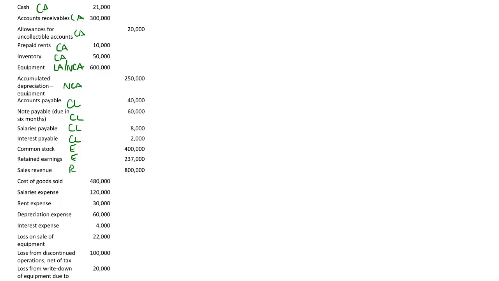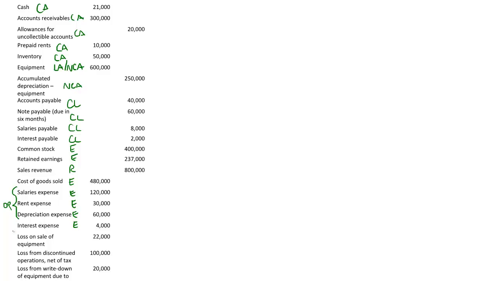Sales revenue is going to be revenue. Cost of goods sold is an expense. Salaries expense, expense. Okay, these salaries, rent, and depreciation, these are operating expenses.